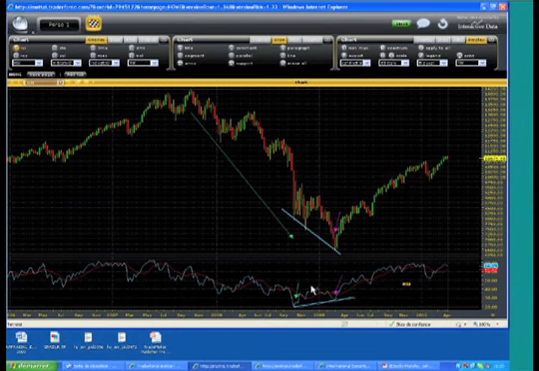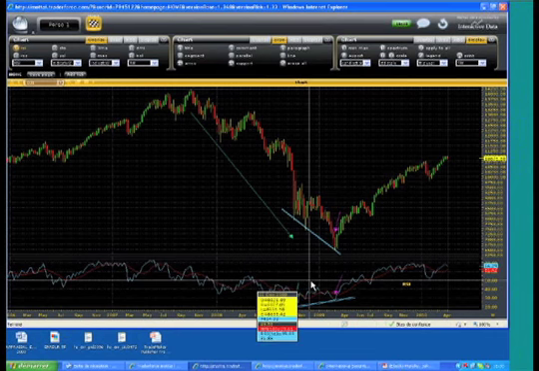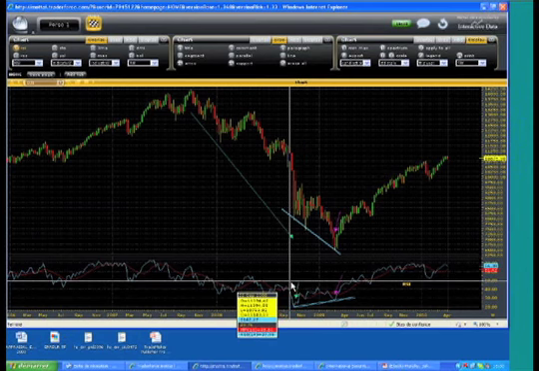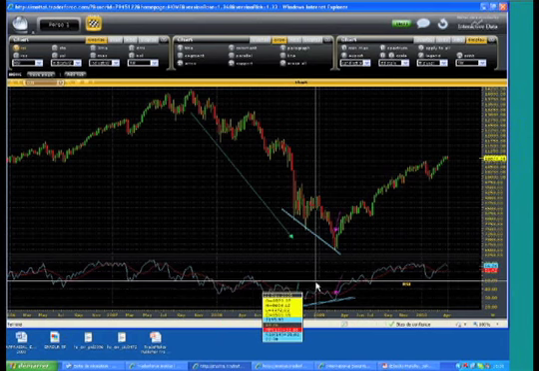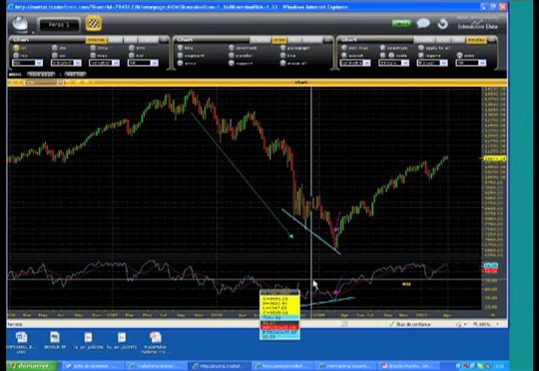And another condition, as I said in my slide before, is that the RSI should not break above the 50 neutral area, which is at 50. As you can see, it doesn't break above this level during the divergence.